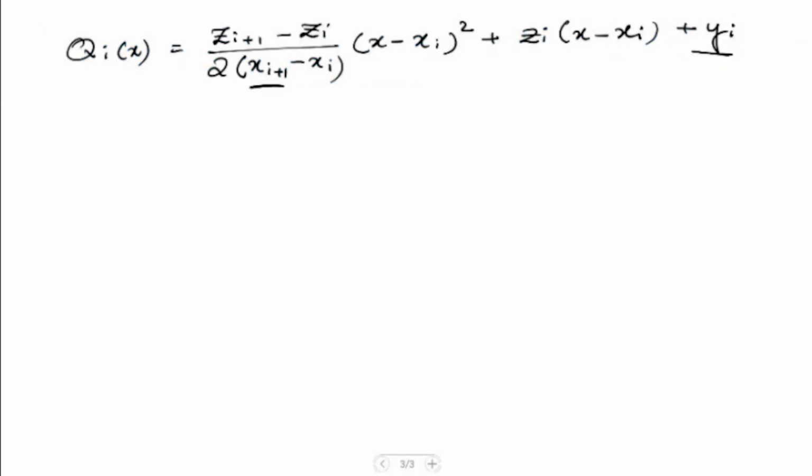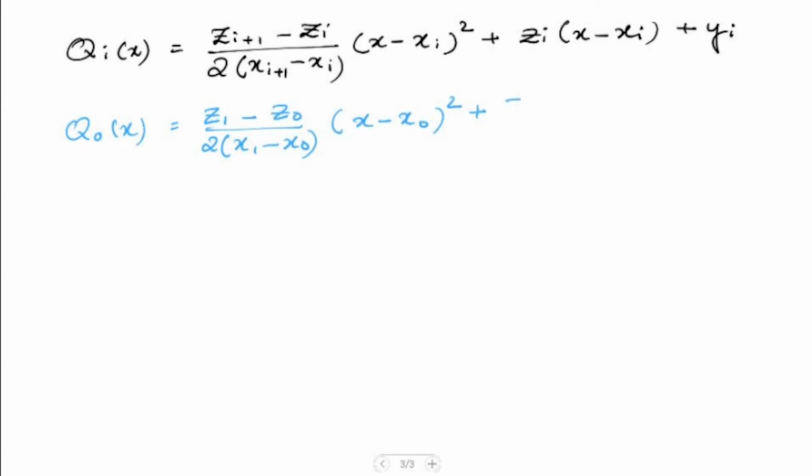For Q0(x), i is 0, so we have (z1 minus z0) divided by 2 times (x1 minus x0), times (x minus x0) squared, plus z0 times (x minus x0), plus y0.